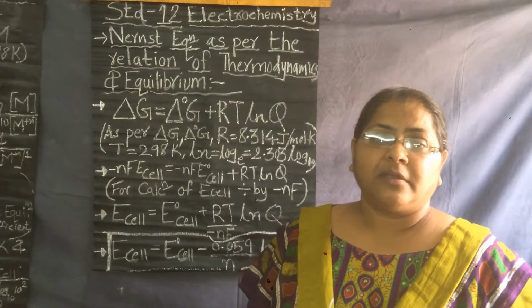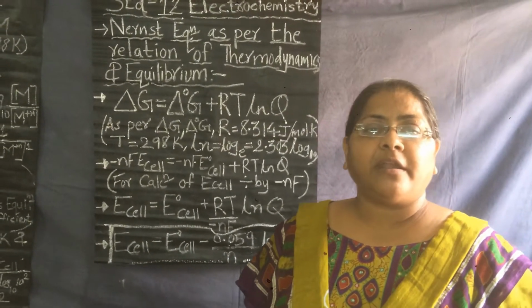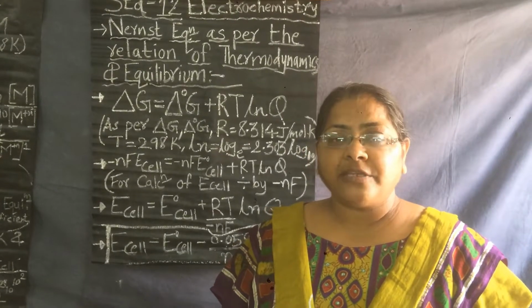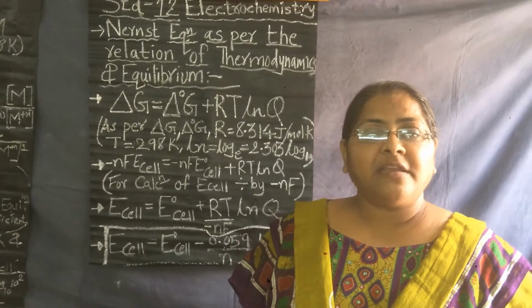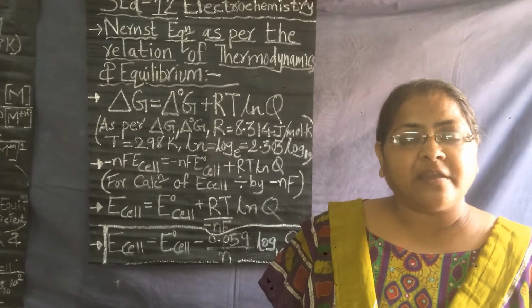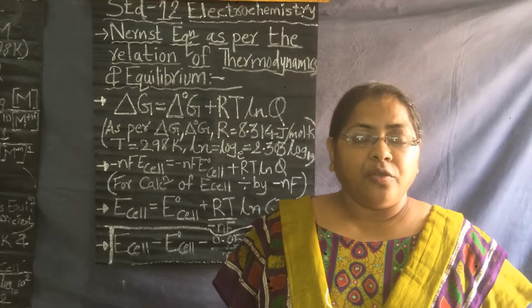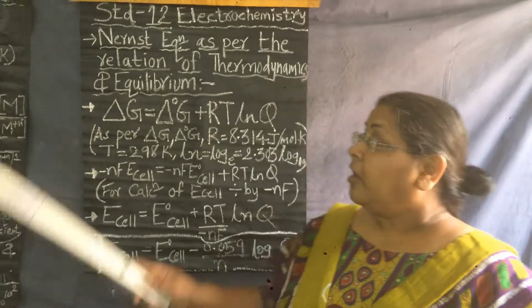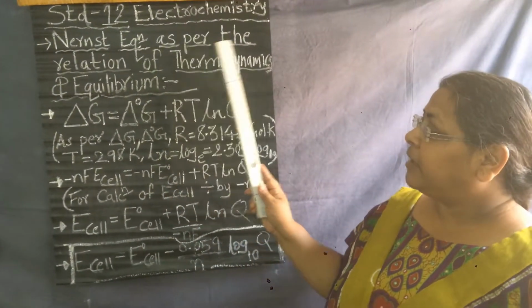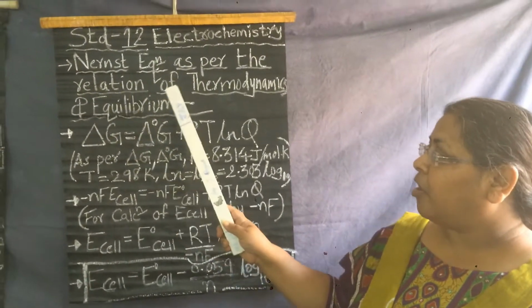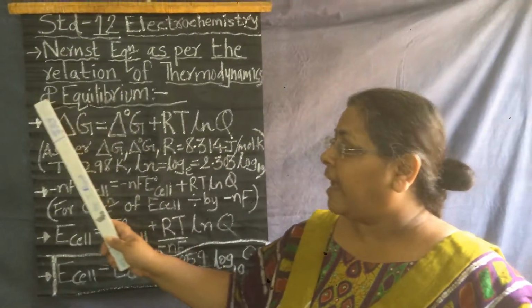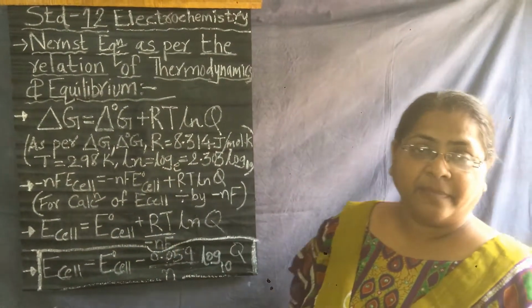reduced. We have calculated the Gibbs free energy as minus nFE cell, and the standard Gibbs free energy as minus nFE degree cell. Today we will see the Nernst equation as per the relation of thermodynamics and equilibrium.